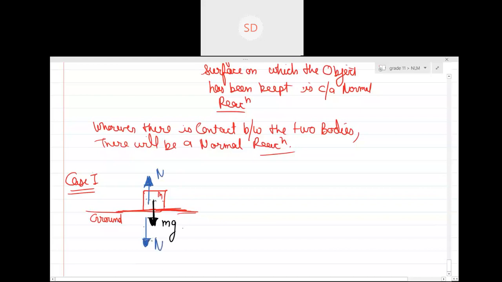This force is basically the force on block due to ground and this is the force on ground due to block. But I'm not writing it in this format. Can you see I have drawn this force acting on the block whereas I have drawn this force acting on the ground, yes or no?